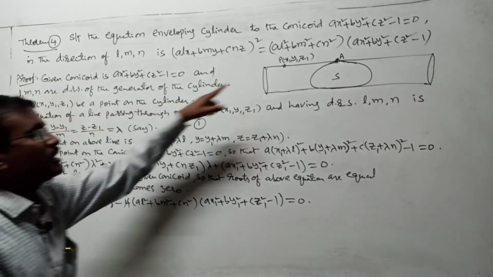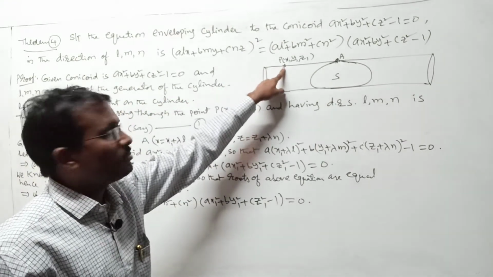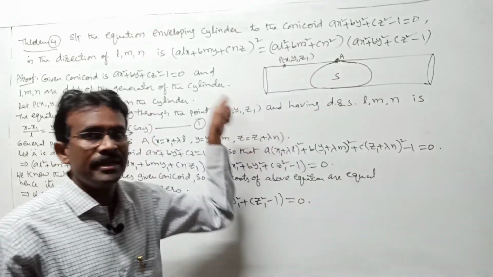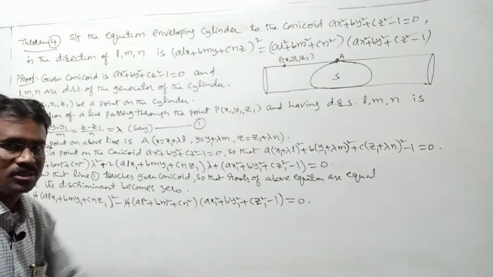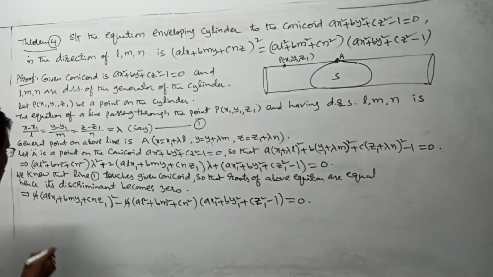of P. Basically P is a point on the cylinder. If you can define the locus of P, you get the cylinder equation. For that, define the locus of P and take this negative term to the other side. Both steps at a time I am doing.